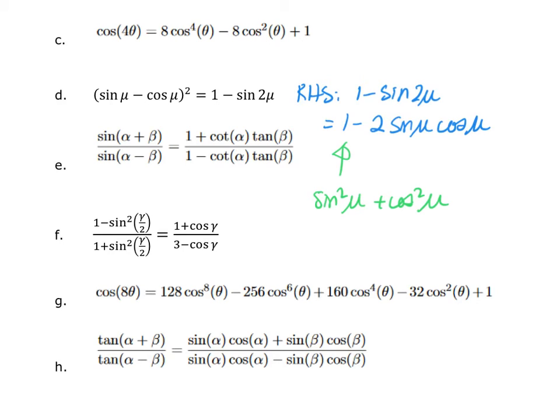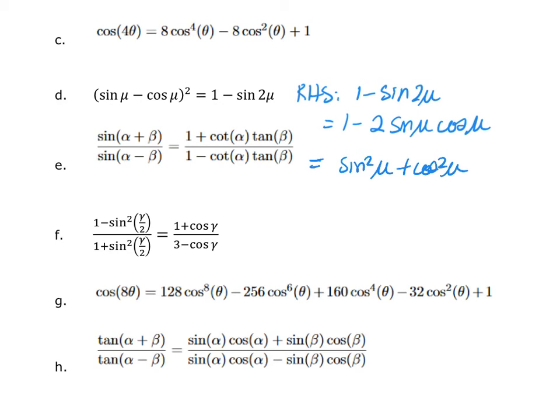So I can replace that 1 with sine squared plus cosine squared. So this is equal to the sine squared mu plus the cosine squared mu.